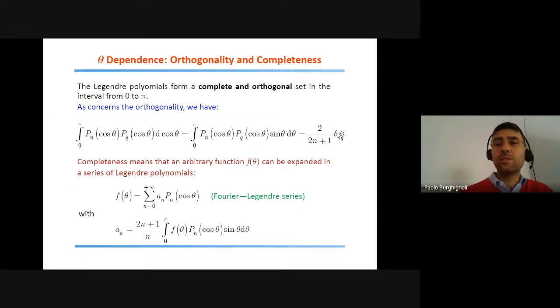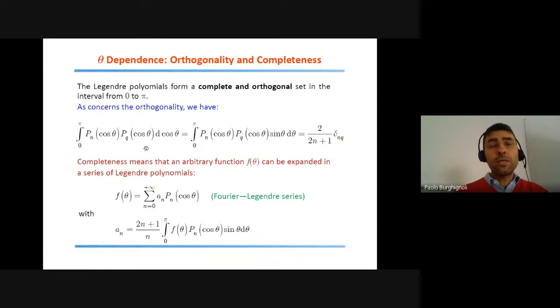This symbol here, this delta with two indices, is the Kronecker symbol, which is equal to 1 when the two indices are the same, and it's equal to 0 when they are different. So it's a sort of discrete version of the delta function.